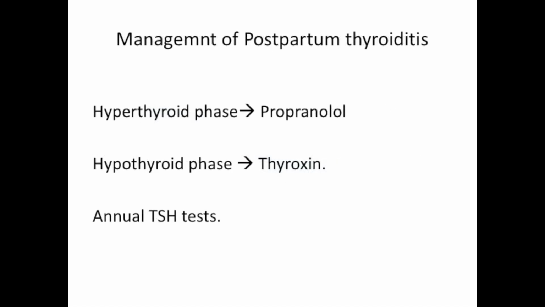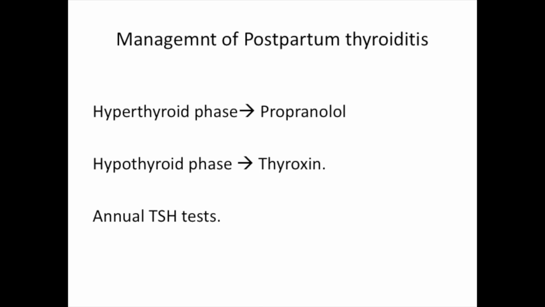Management of postpartum thyroiditis. To summarize the treatment and management of postpartum thyroiditis: when you see a case of hyperthyroidism postpartum and you diagnose her as postpartum thyroiditis in the hyperthyroid state because she was euthyroid during pregnancy and pre-pregnancy and only antibody titers are high, then you treat her only with propranolol and not antithyroid medications.